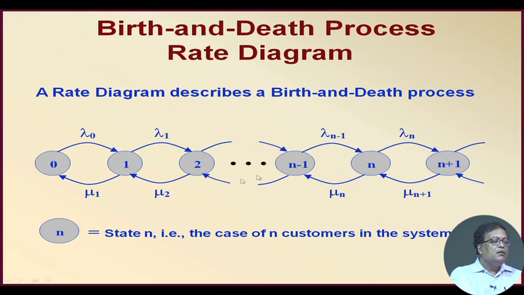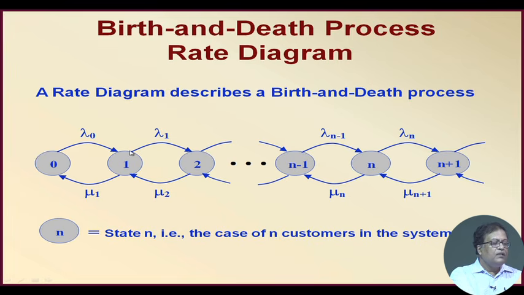At mu 3 rate, a person will be serviced and the state comes to 2. Similarly, how can system state 1 go to system state 2? There is another way: one customer arrives and joins the queuing system, then the system state becomes 2. So, that is what a rate diagram basically determines.